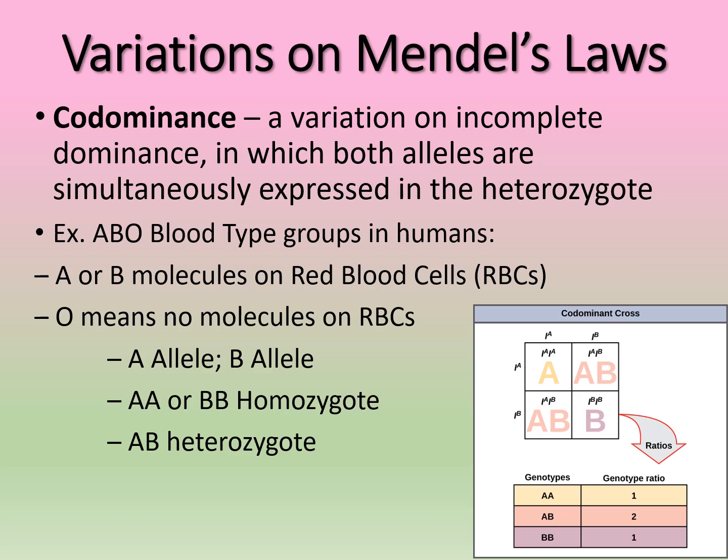And then we have those AB people that are heterozygotes, but they express both A and B alleles. Okay, and then you get your O, which has no molecules, and then you might think, okay, well, how do we get that, right? Well, that means we have neither A or B alleles. Well, that's kind of interesting, right?